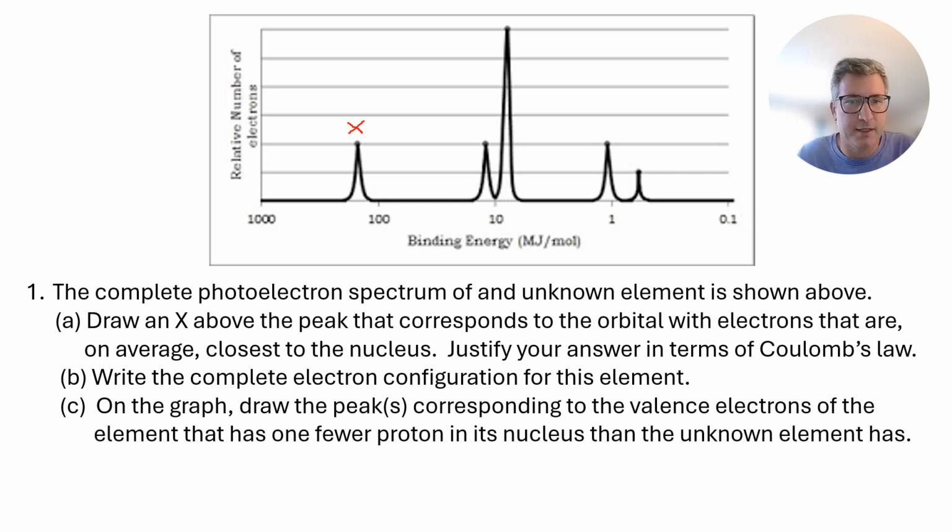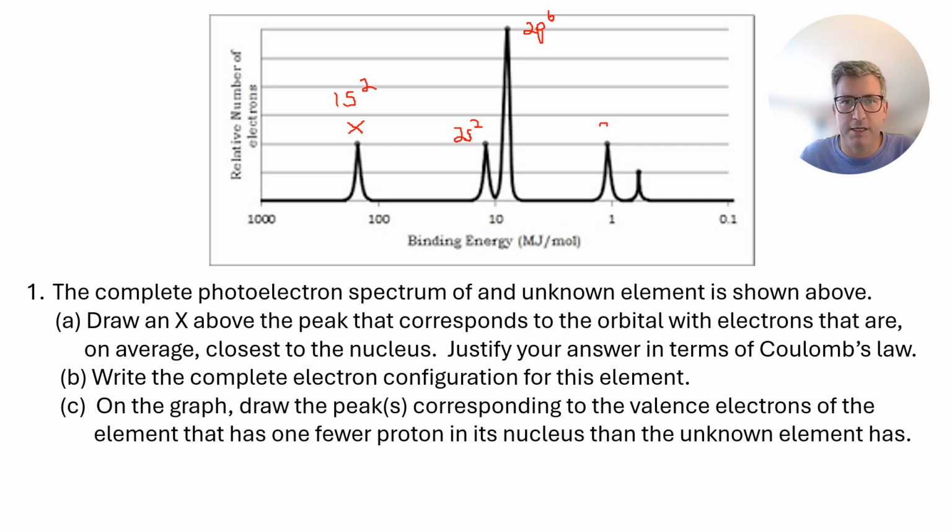All right, and then write the complete electron configuration for this element. Go ahead and give that a shot. Okay, so you should have said something like 1s2, 2s2, and then this would of course be 2p6. You can see it's about 3 times taller.